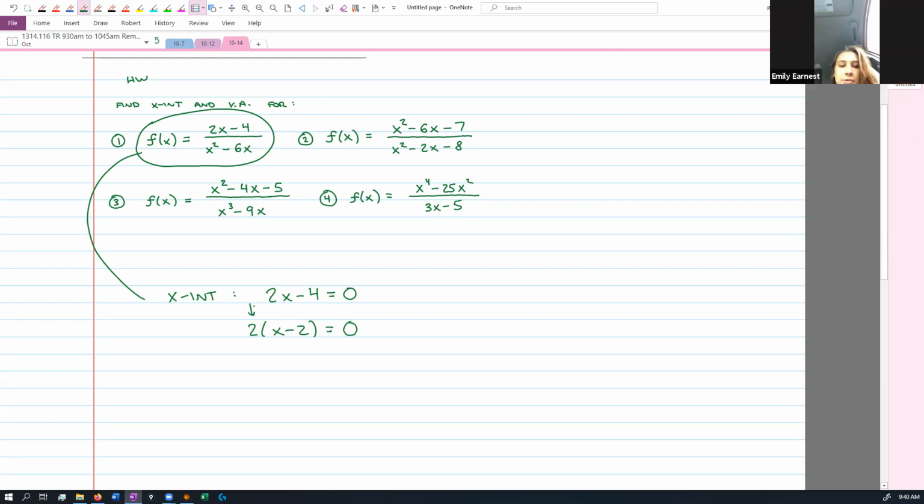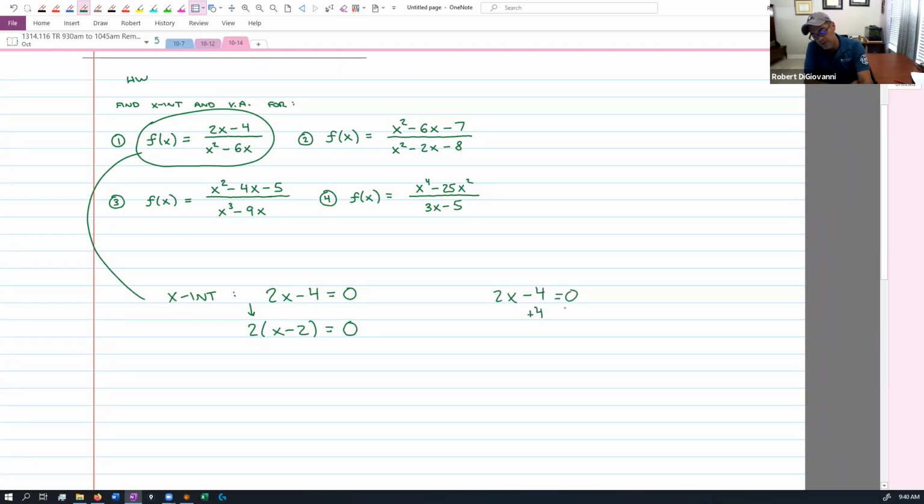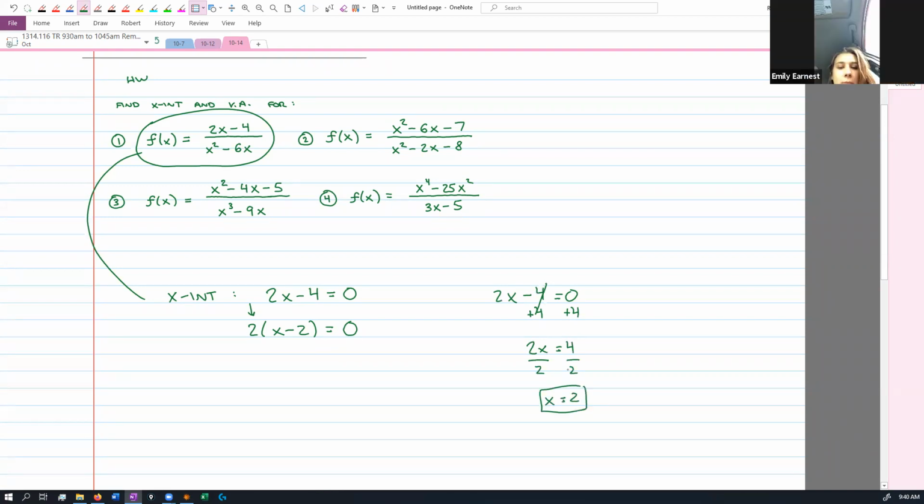So was I supposed to factor it out or no? Well, yeah, you can. You don't have to. Because it's a linear equation, Emily, you could have done it the old-fashioned way, just add 4 to both sides, right? And you get 2x equals 4, and then divide both sides by 2, and you get x is 2, right? But you can still do it the way you're doing it, okay?